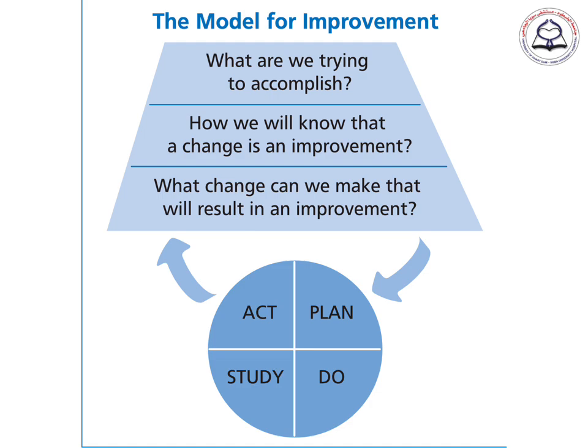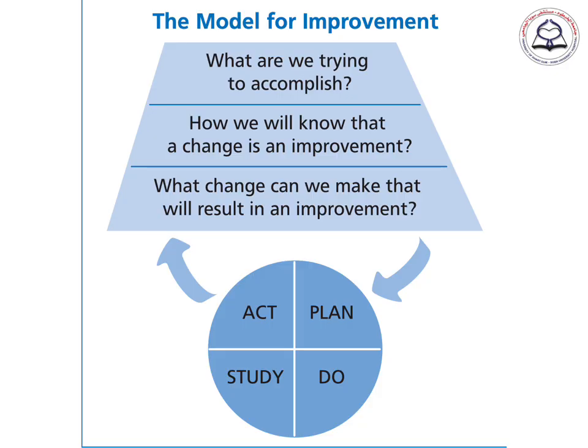What change can we make that will result in an improvement? This requires implementation of an improvement cycle. This is making a plan, doing it, study and act. PDSA. This involves the team testing different interventions. By making a plan, they do it, then they study the outcome and they take action.